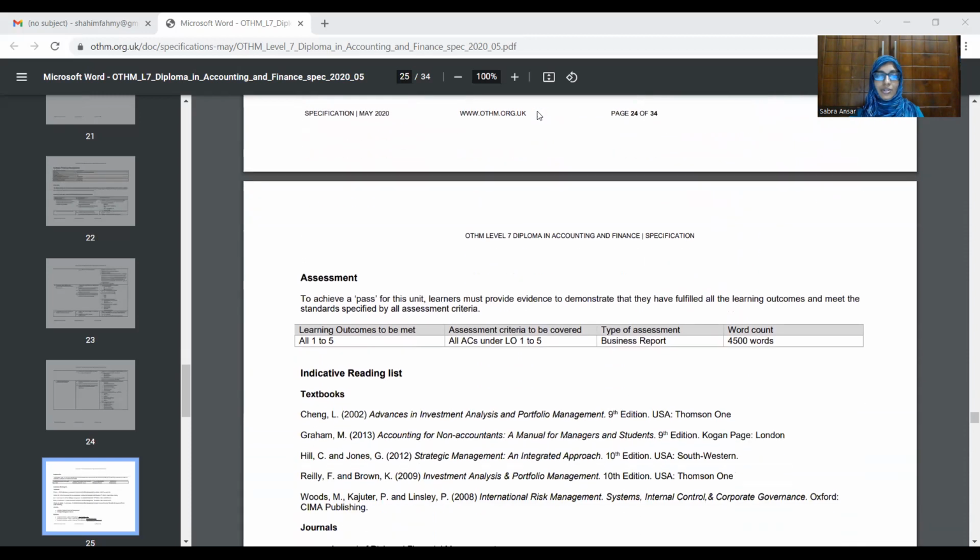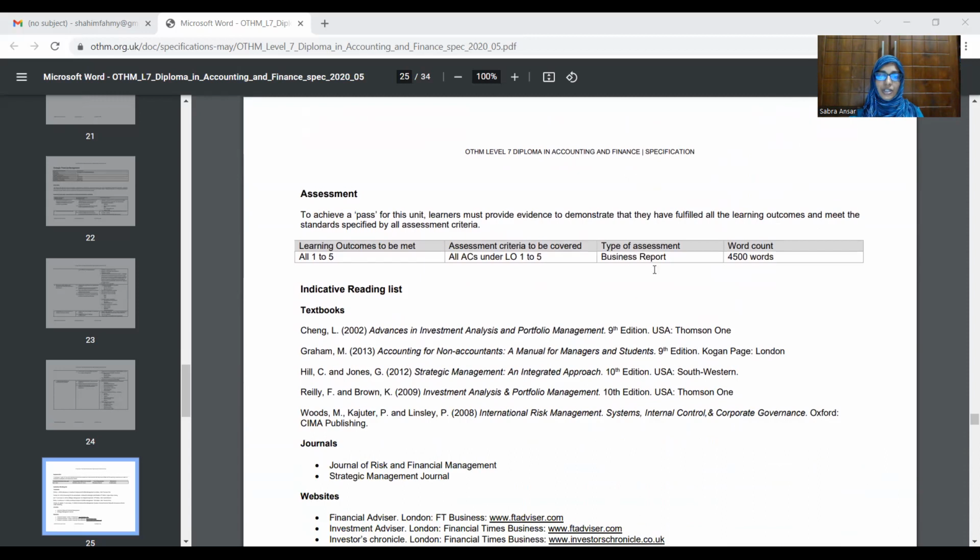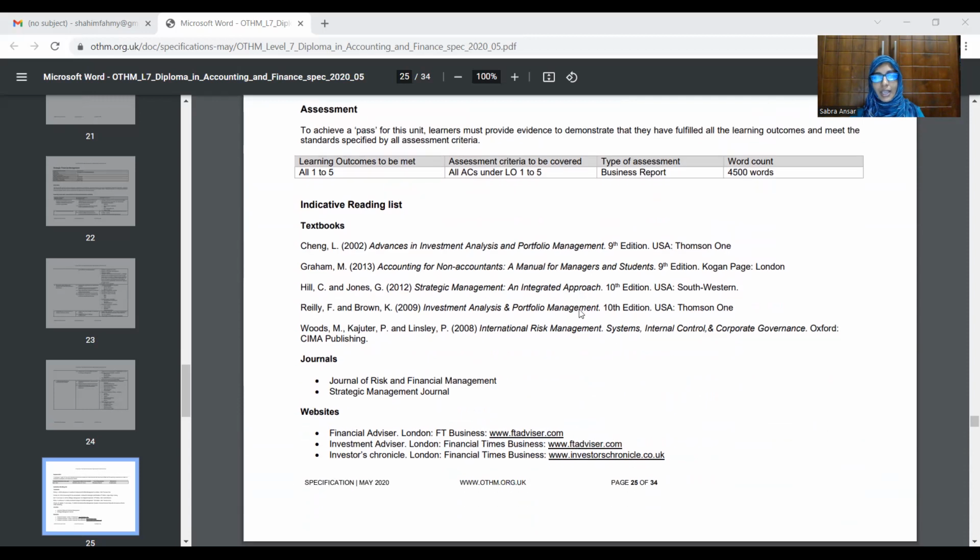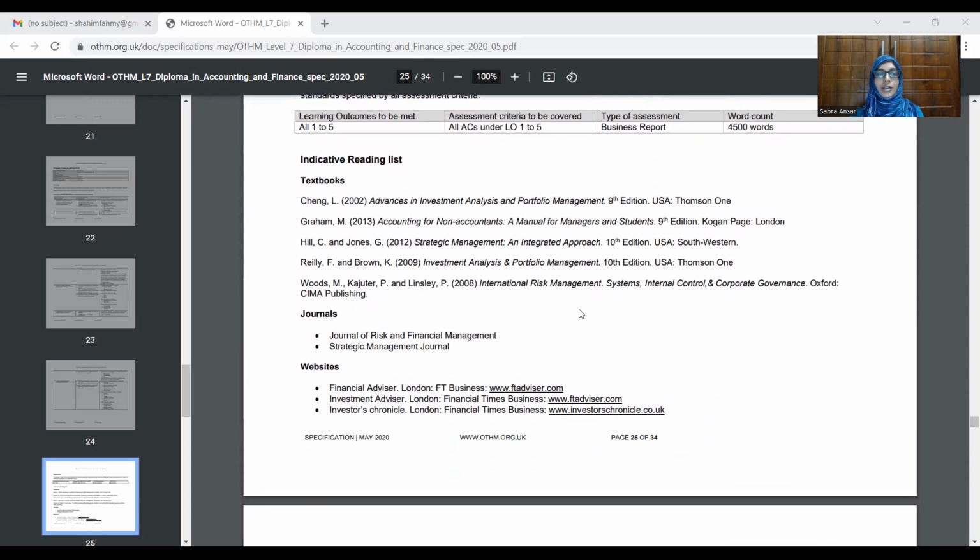So moving on, as you can see, the assessment is mentioned. You should have at least some type of understanding. Then you get the indicative reading list, where the textbooks that you can refer to are included. You could go through those, because reading through sections of a book would help you understand the concepts better.